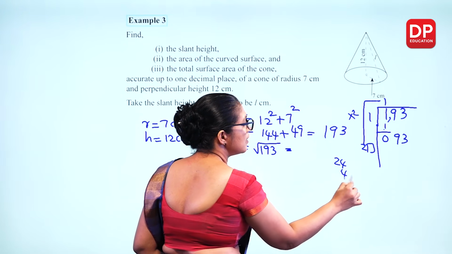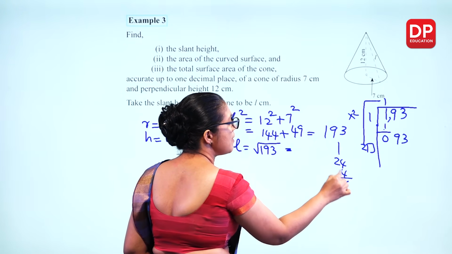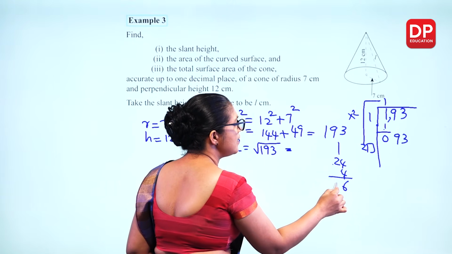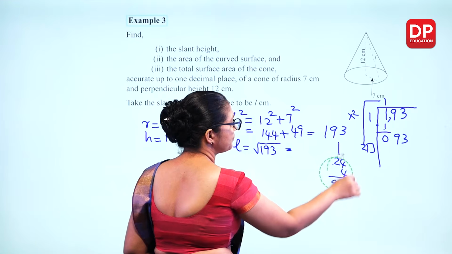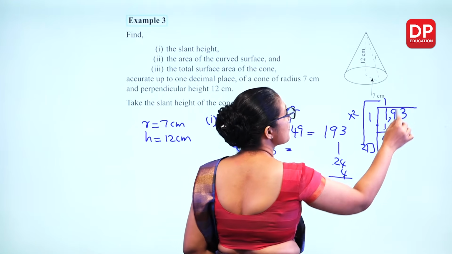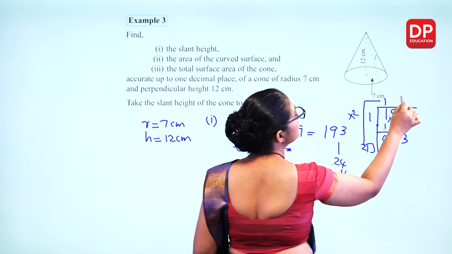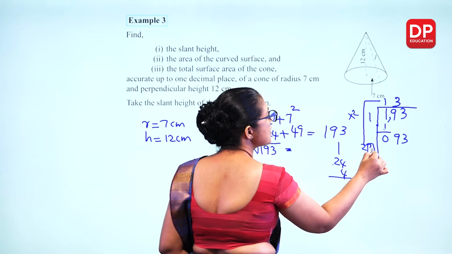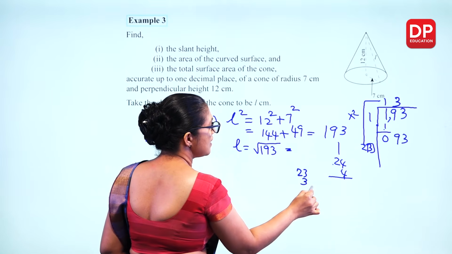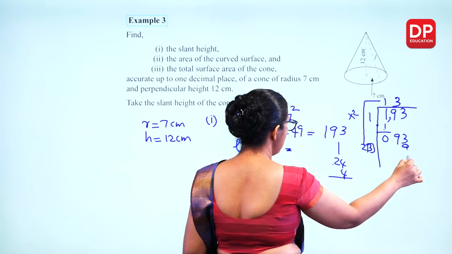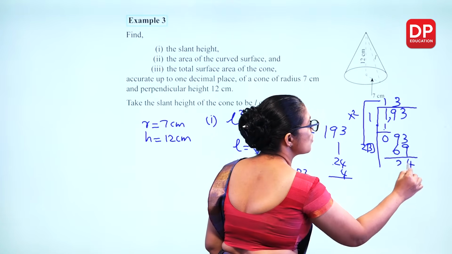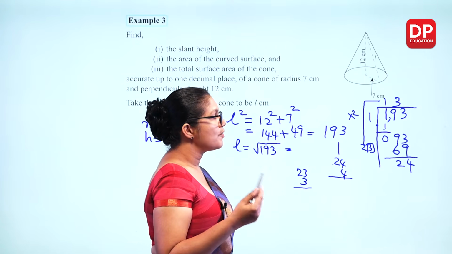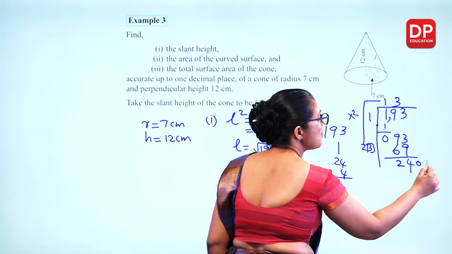Check. 4 times 4, 16. 1 remaining. 4 times 2, 8 plus 1, 96. So you have to put 3. So 3 is there. 3 times 23. 3 times 3, 9. 3 times 2, 6. So what's remaining? You get 2. Then to find the next decimal place, you take another pair.